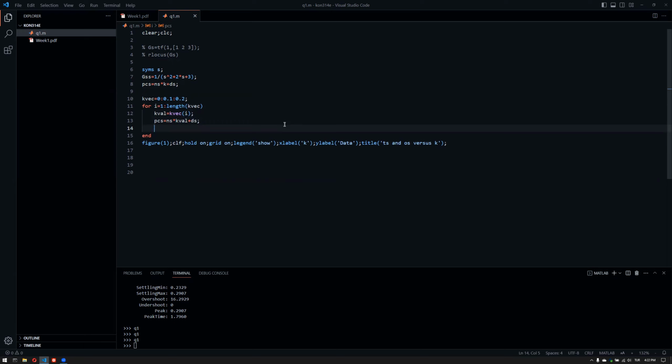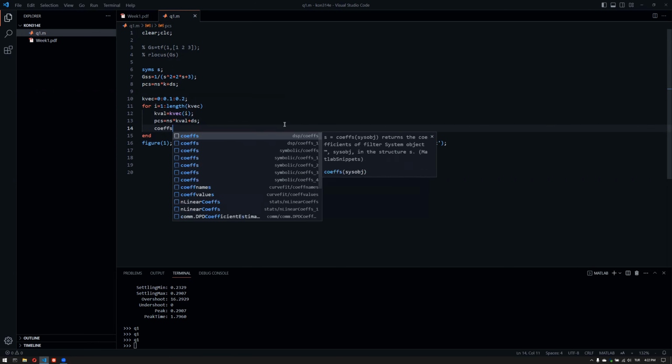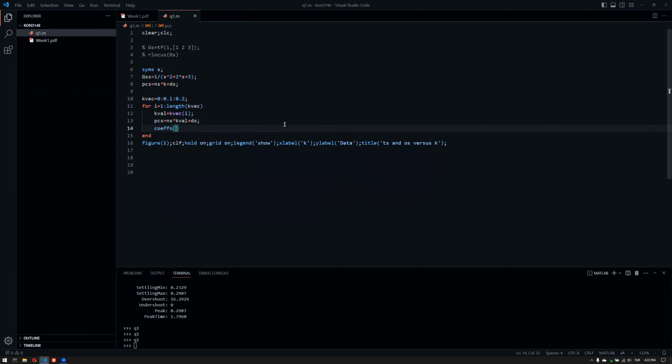Now, if you remember, last week I talked about the symbolic toolbox. We can use the coeffs command here in order to acquire the coefficients of this polynomial. We have to use s and 'all' because it uses a tree structure, and if there's something missing, it won't give us the coefficient as 0.